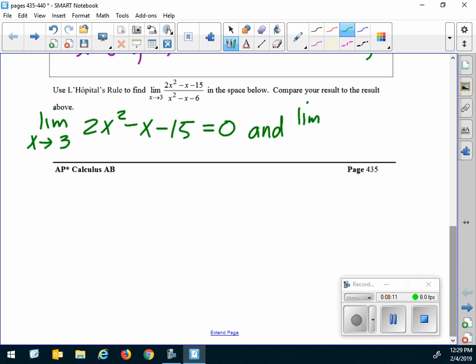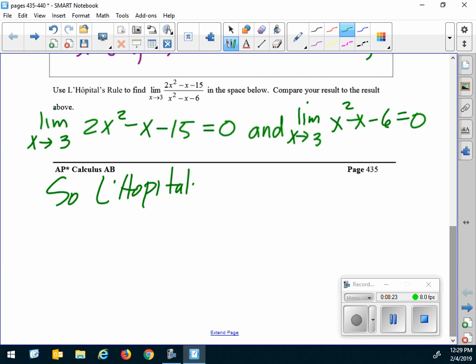The limit as x approaches 3 of the denominator equals 0. So L'Hopital's rule applies. That's how you're going to get the first point of your credit.